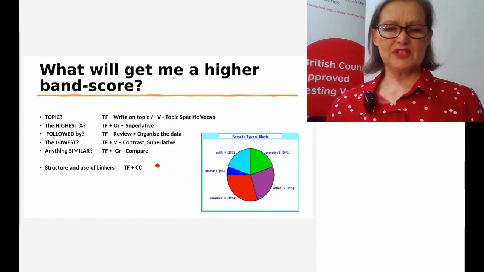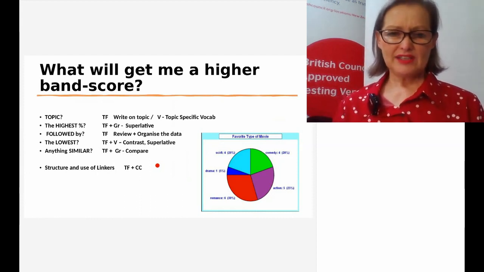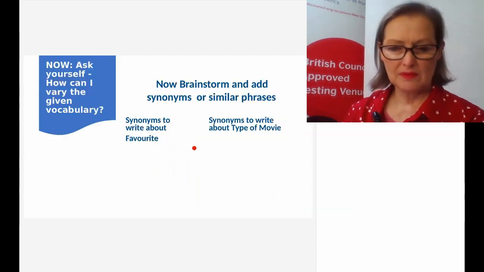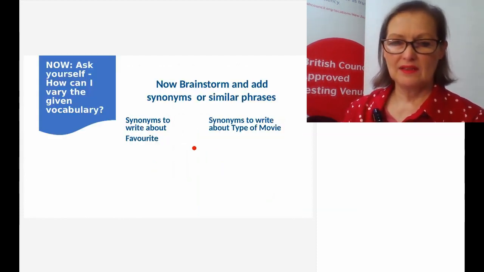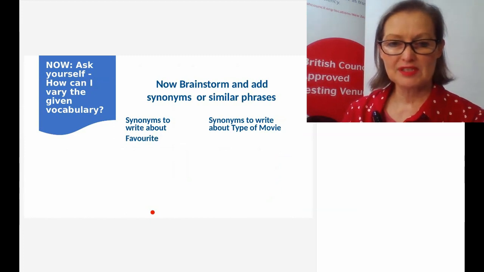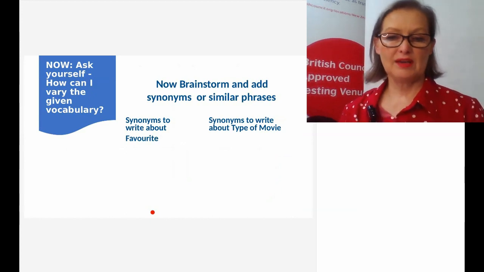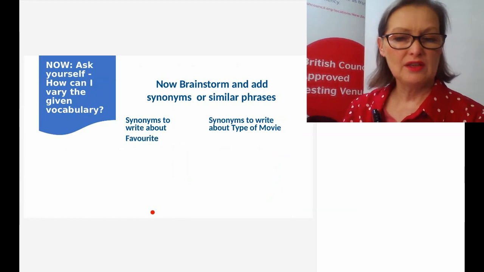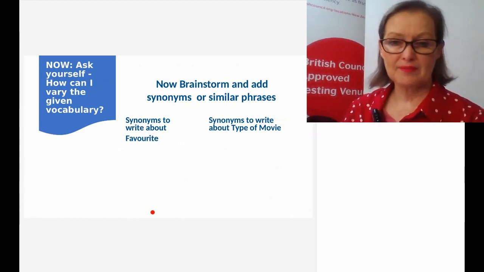So now ask yourself, how can I vary this given vocabulary? I want you to brainstorm and add synonyms or similar phrases. See if you can come up with synonyms to talk about your favorite movie, like keen on, or popular, the most popular.